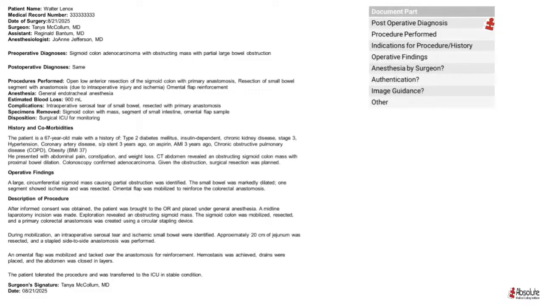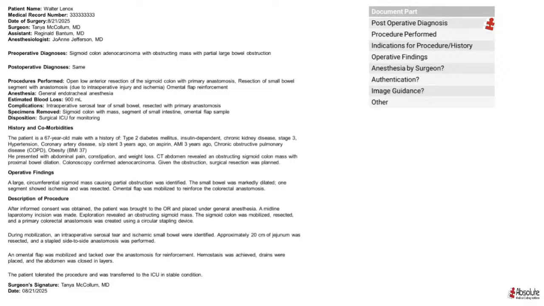History and comorbidities. The patient is a 67-year-old male with a history of type 2 diabetes mellitus, insulin dependent, CKD, chronic kidney disease, stage 3, hypertension, coronary artery disease, status post stent placement 3 years ago, on aspirin. AMI, acute myocardial infarction 3 years ago.